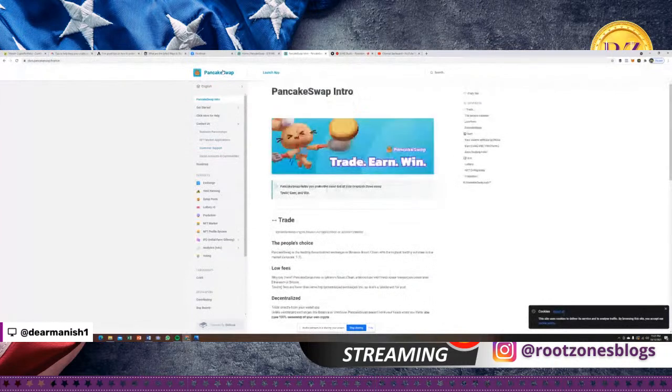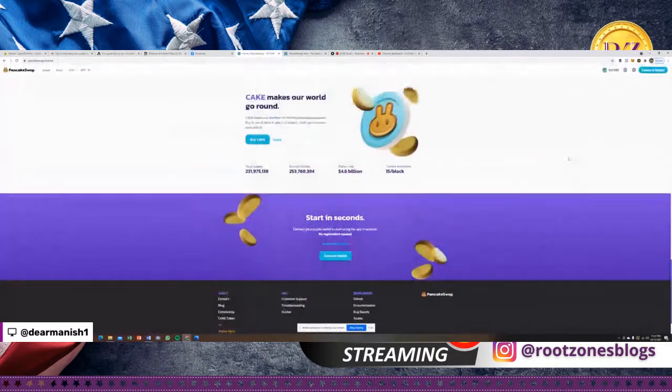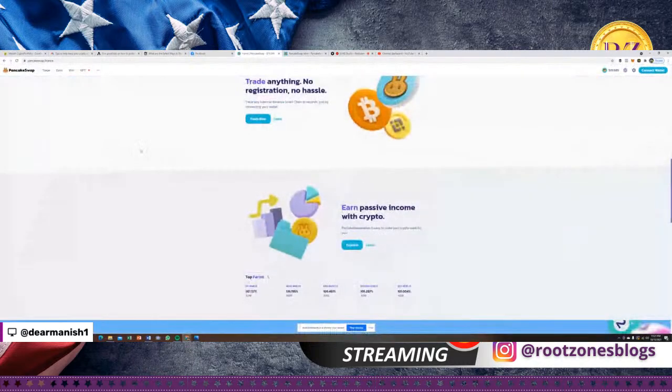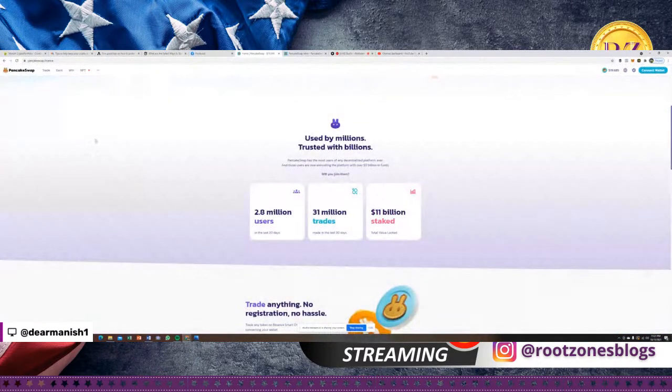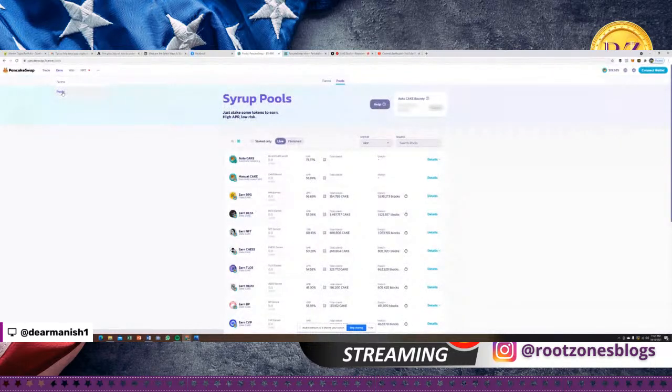PancakeSwap is one of the Binance swapping platforms. We had some investment here. They have changed the entire look and feel. We had an investment in this pool, which is called the Syrup Pool.